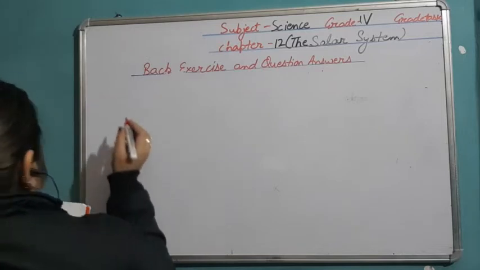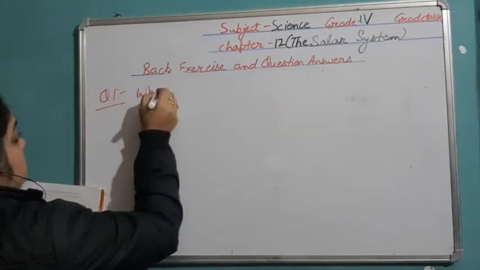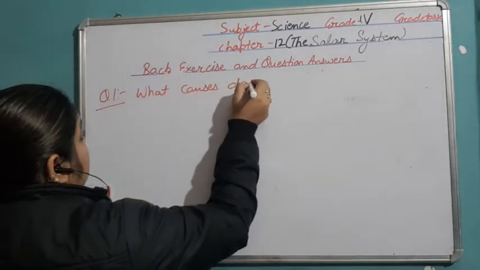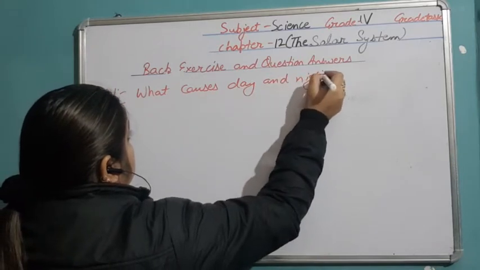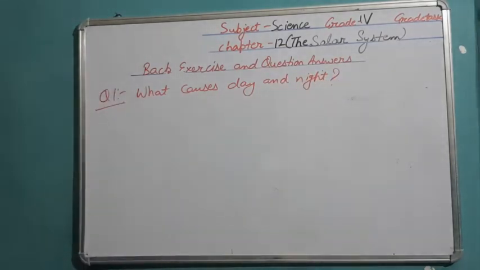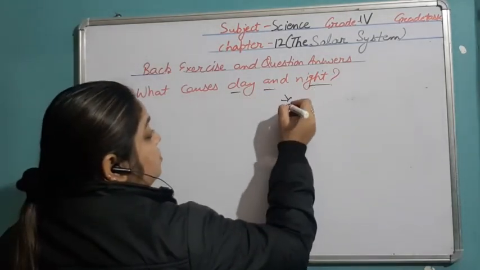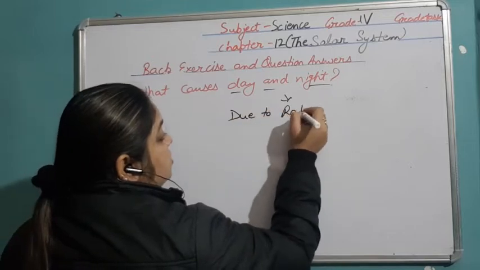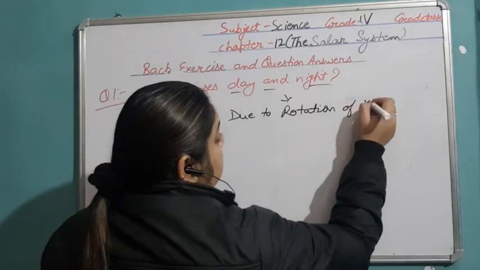Question 1 is, what causes day and night? See, day and night are caused due to rotation of the Earth.